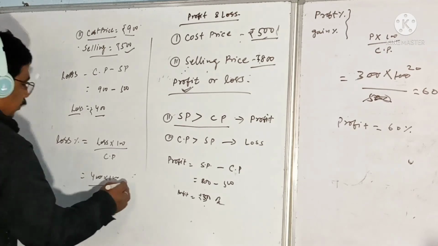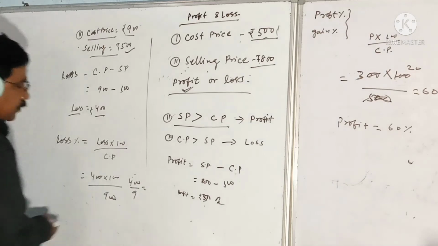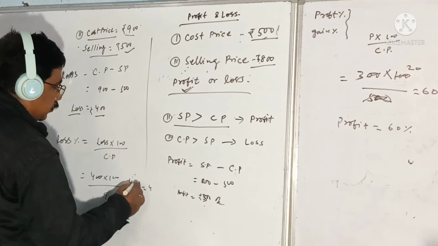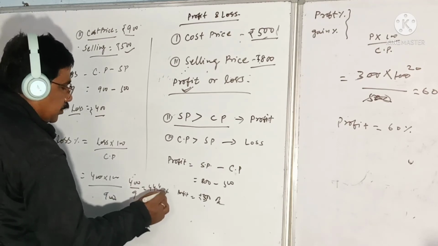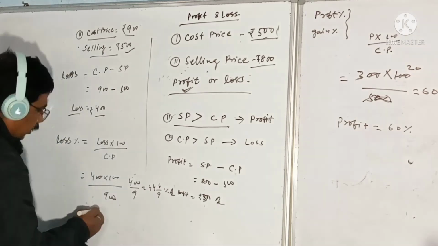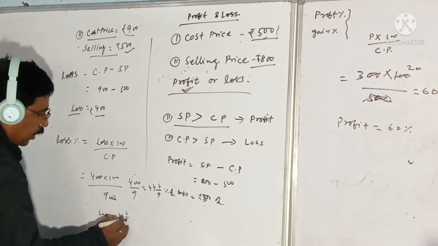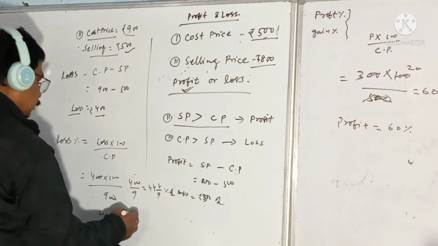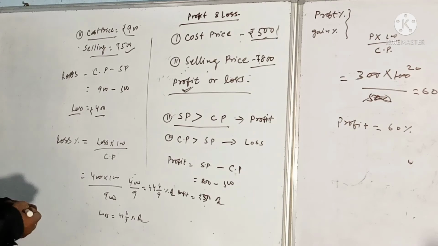The zeros cut, then 400 by 9, this is not divisible, so loss percent is equal to 444 by 9 percent. It is clear.